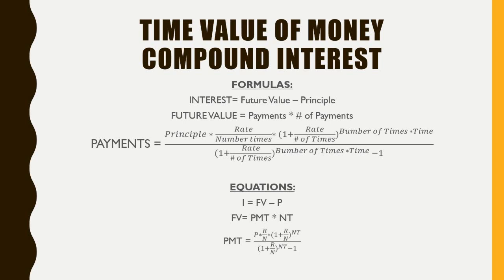Okay. So there are a few rules and regulations that maybe you guys know, maybe you don't. When you borrow a loan, your interest is already pre-calculated. What does that mean?